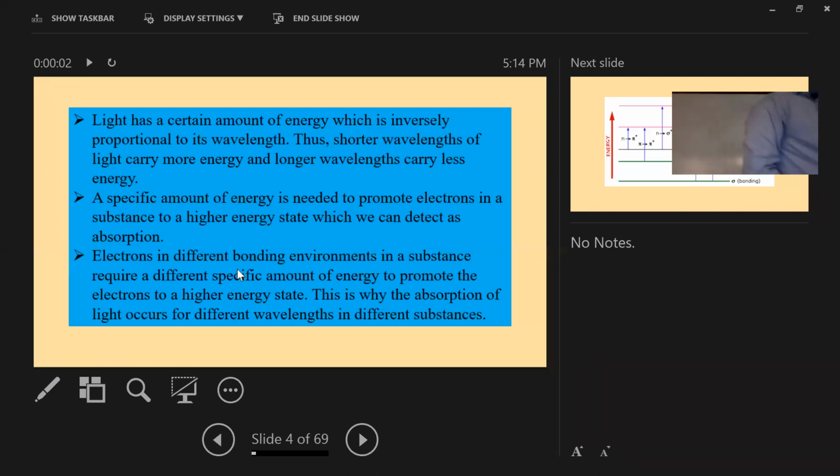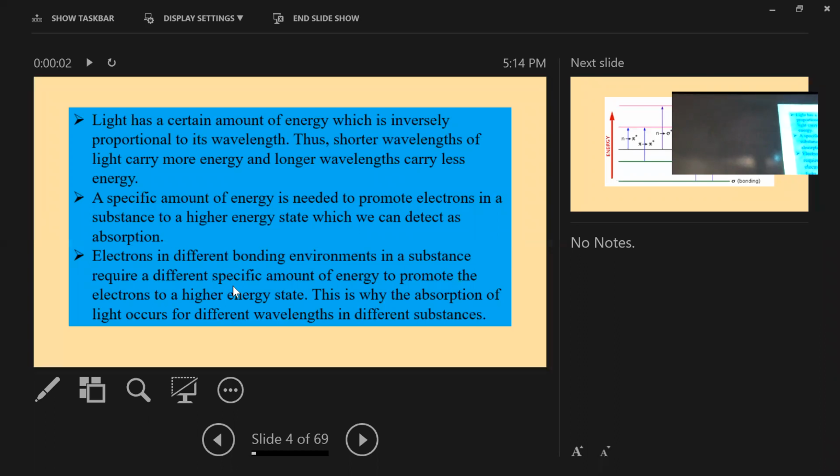If you are familiar with electronic configuration, let us consider sodium. You know the electronic configuration for sodium: first shell 2 electrons, then 8, and then plus 1.